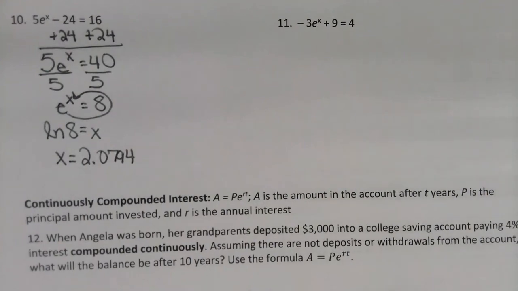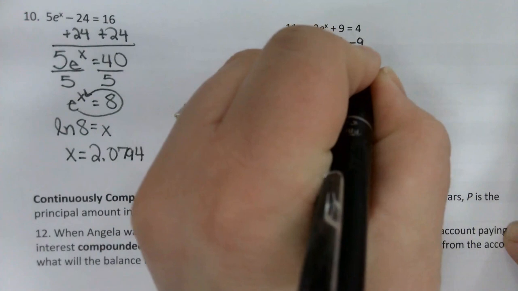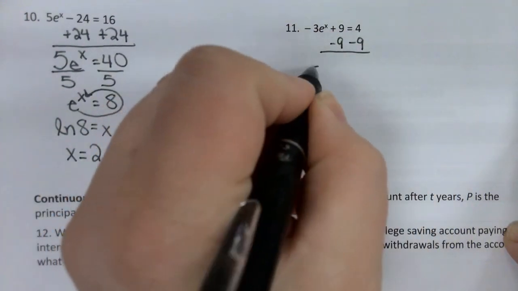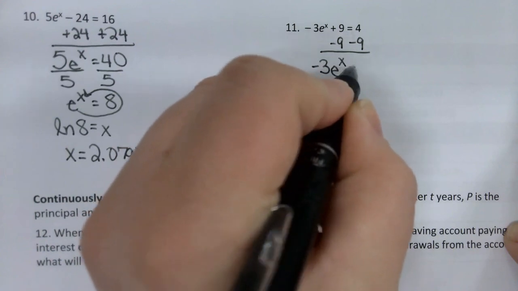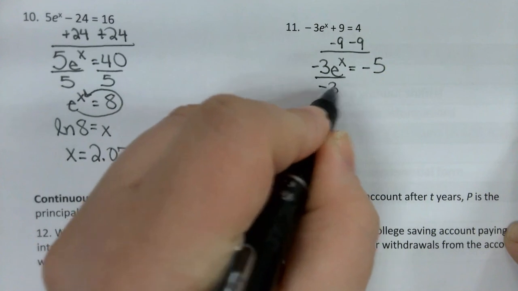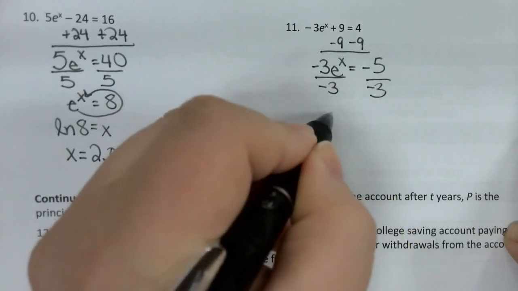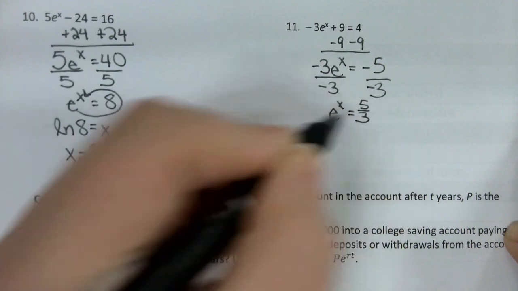Let's do one more. We'll subtract 9 from both sides, giving us -3 e to the x equals -5. Divide by -3 on both sides, and e to the x will equal 5/3.